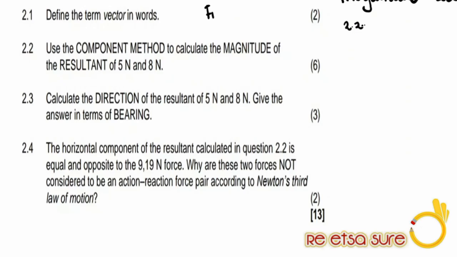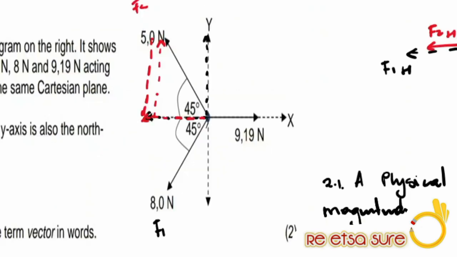So meaning now we are required to calculate the magnitude of the resultant of 5 Newton and 8 Newton. Meaning these two, I must determine the resultant of these two. So it is going to be very difficult for us to use this type of diagram when we want to determine the resultant.